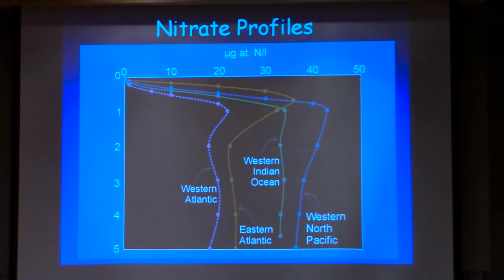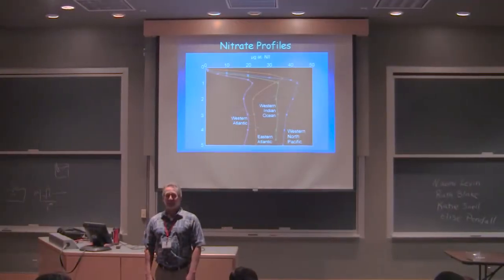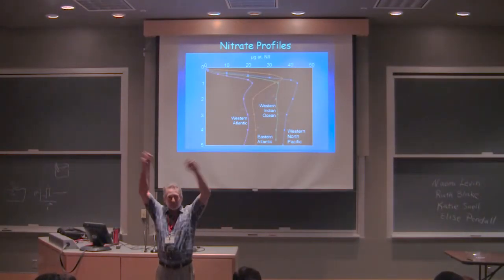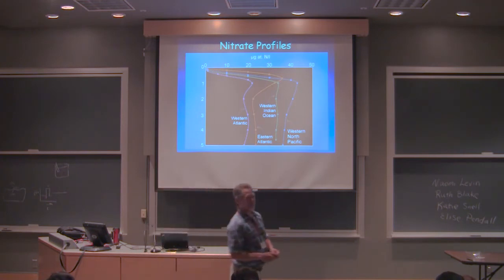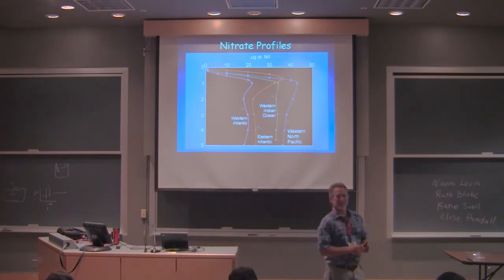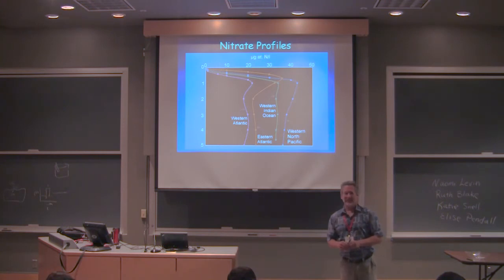Why is that? Why are concentrations of nitrate higher in the Pacific than in the Atlantic? Okay, remember Saturday's lecture? The big circulation picture, thermohaline circulation. Where are the oldest waters in the ocean? In the Pacific, yes.